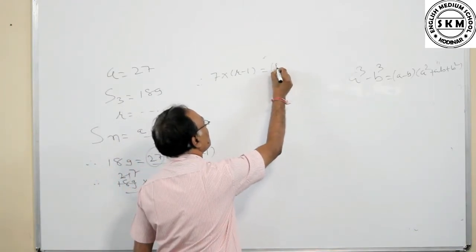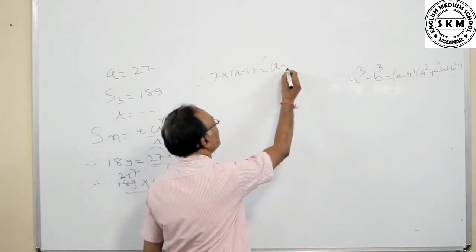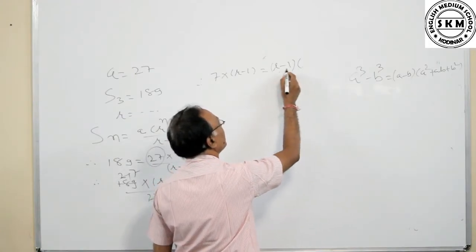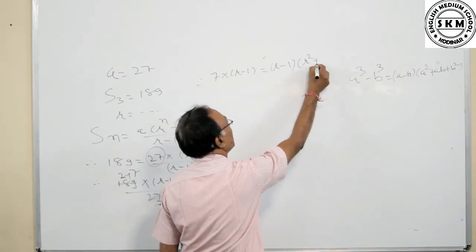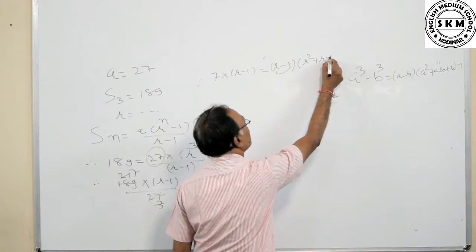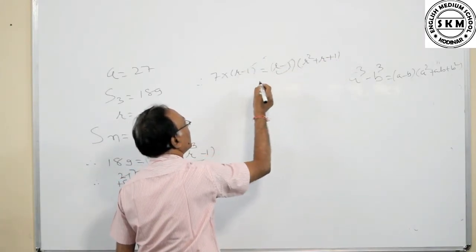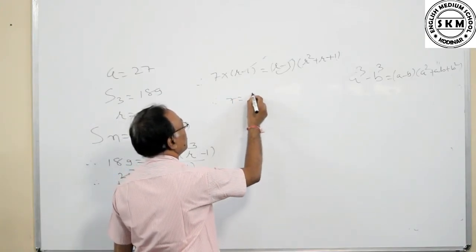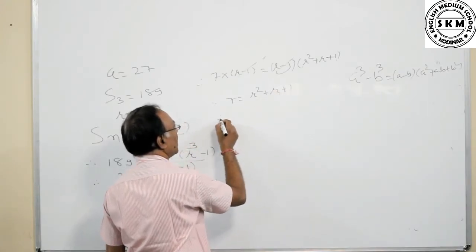The r minus 1 cancels on both sides. Therefore 7 is equal to r square plus r plus 1.